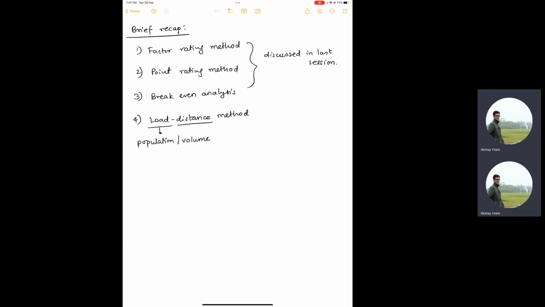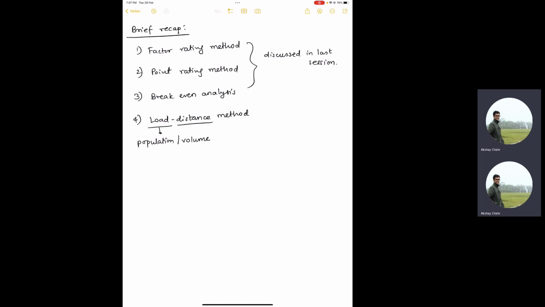If it is an example of some vaccination type of problem or distribution of some ration or goods, in that case you will consider population versus distance.